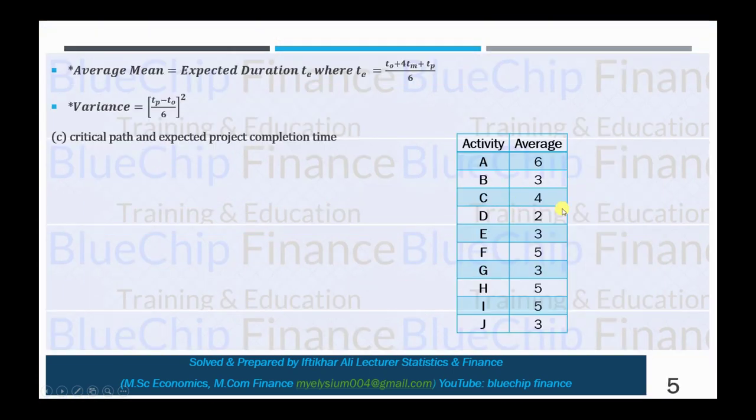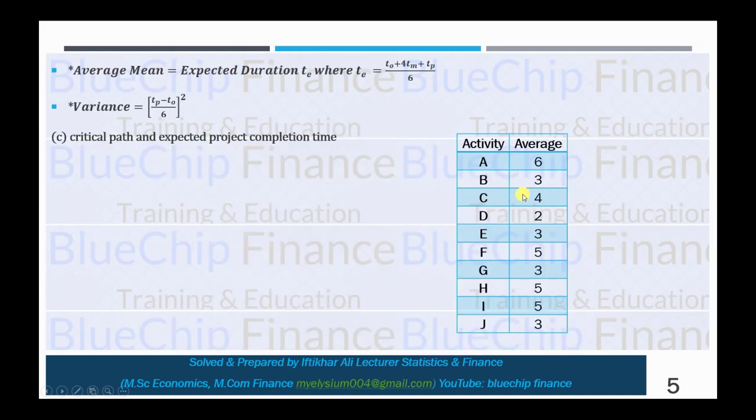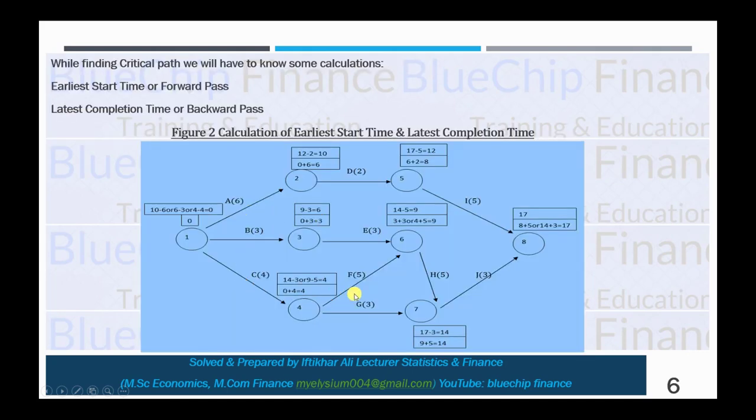So we just write down here from activity A to J, and after that we copy the previous diagram once again, and we first mention the average time consumed by each activity. Activity A consumed 6 hours average, activity B 3, activity C 4, and so on. So in this way, first of all, you write down the average time which is expected to be consumed in each activity.